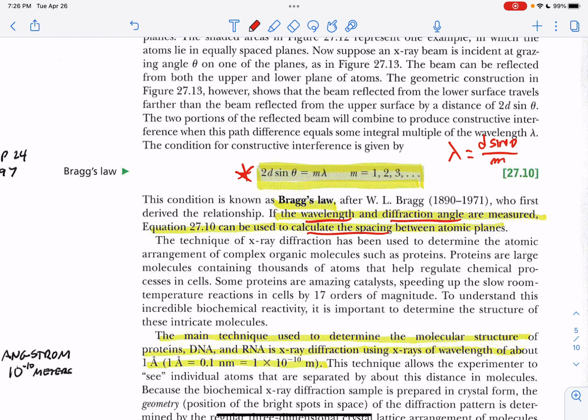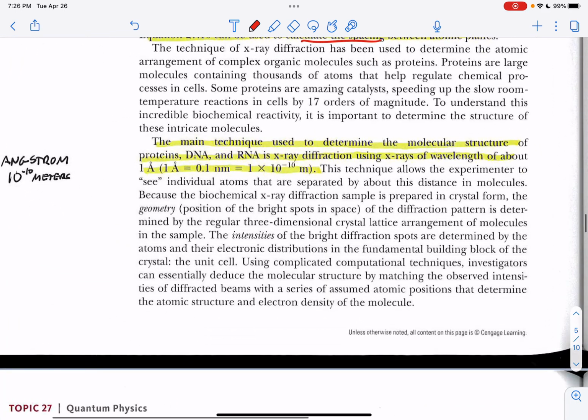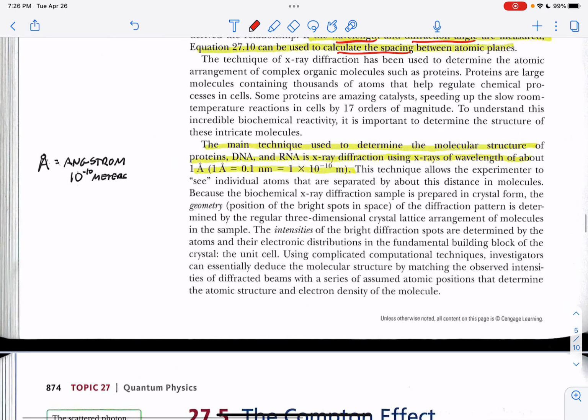Now, this technique of identifying crystalline structures by using X-ray diffraction is perhaps most famously remembered because it helped us to elucidate the structure, particularly of DNA. People have known about, or scientists have known about, this chemical called DNA for a long time, since the early part of the 20th century.